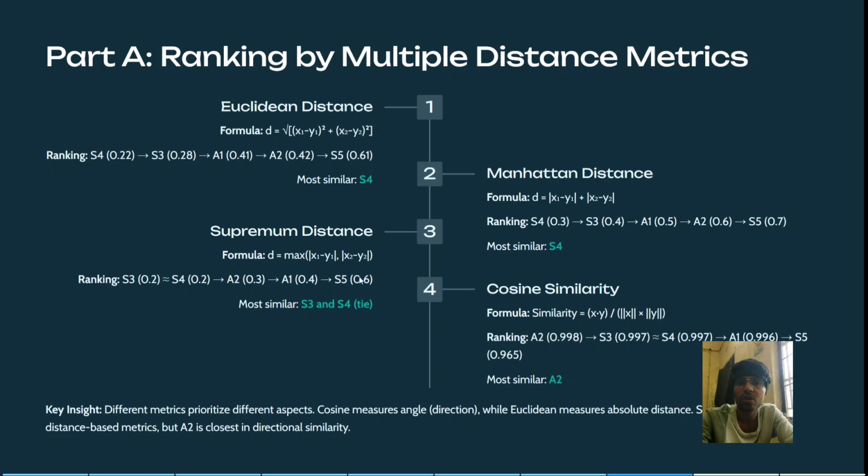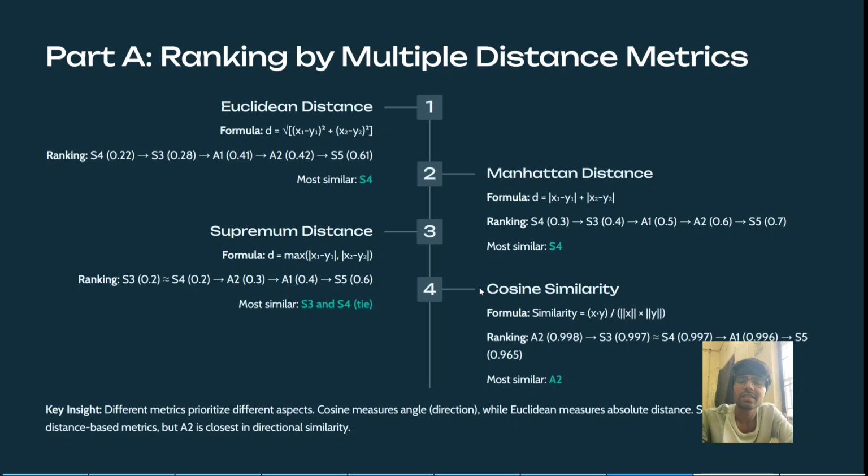For S4, the maximum of 0.2 and 0.1 equals 0.2. And for S5, the maximum of 0.1 and 0.6 equals 0.6. So in the Chebyshev ranking we have a tie. Both S3 and S4 are equally similar at 0.2, then S2, S1, and S5.